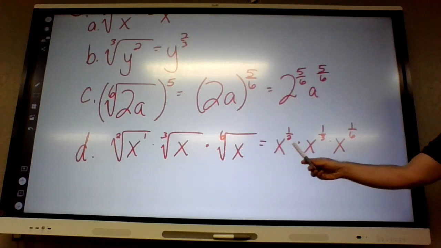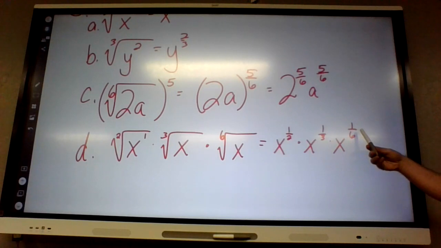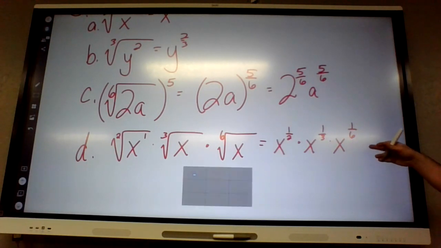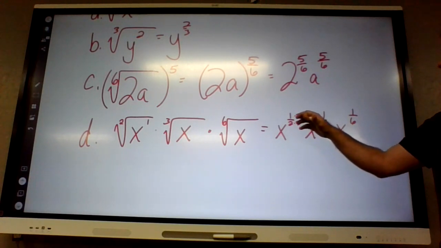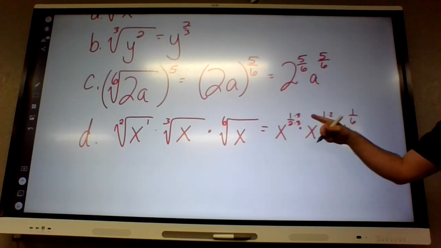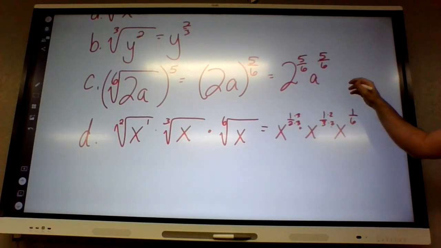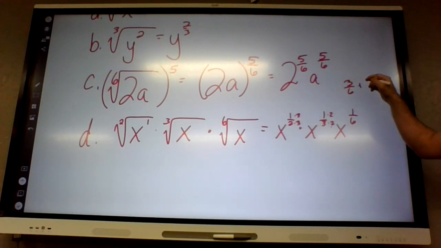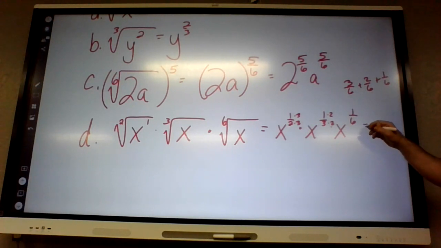Now if we're multiplying a bunch of x's together, what do we do with the exponents? Add. Use a common denominator, right? They all go into 6. So if I multiply by 2, you get 3/6 plus 2/6 plus 1/6. What would that equal? 6/6, which equals 1. So it's x to the 1, or just x.